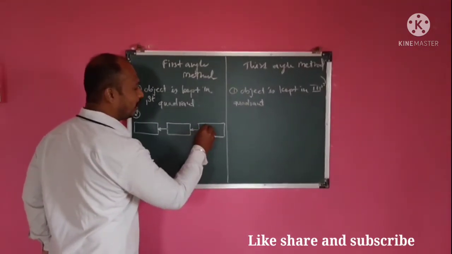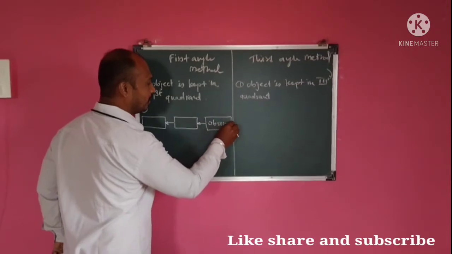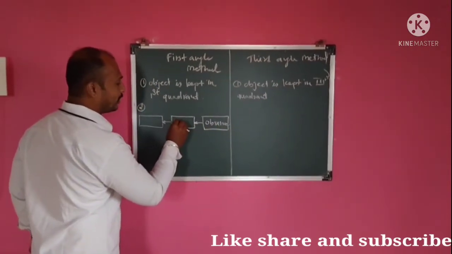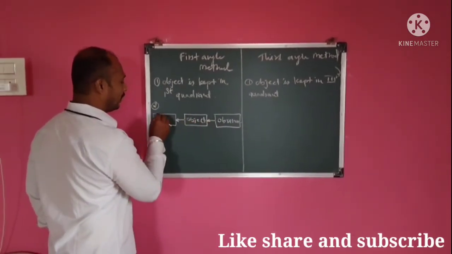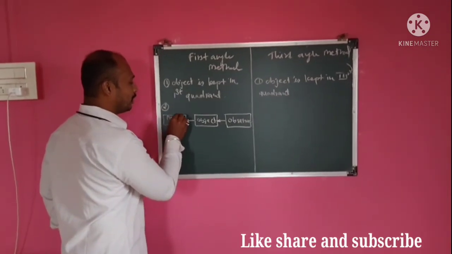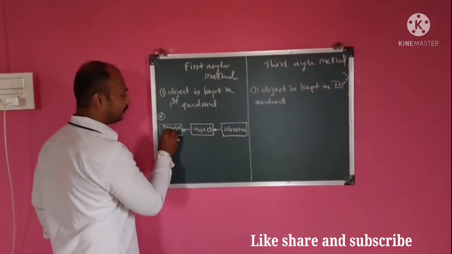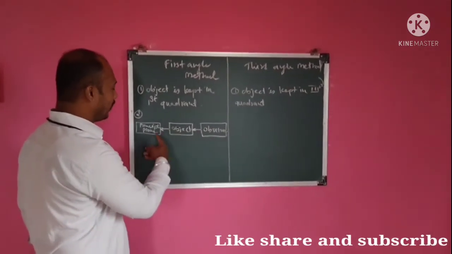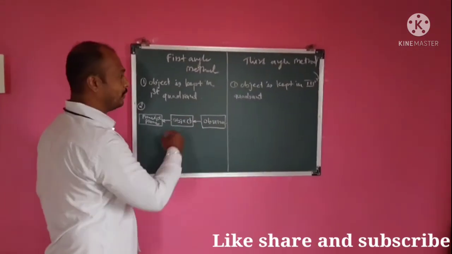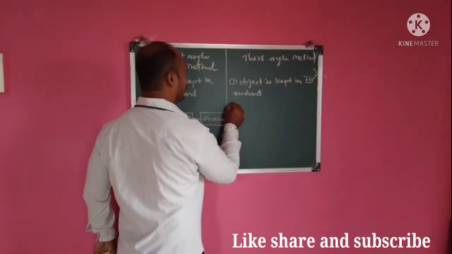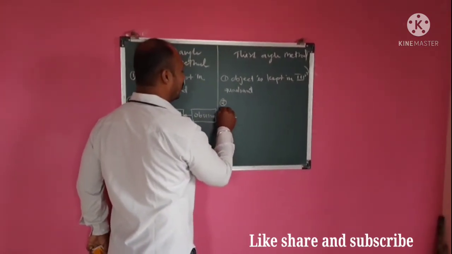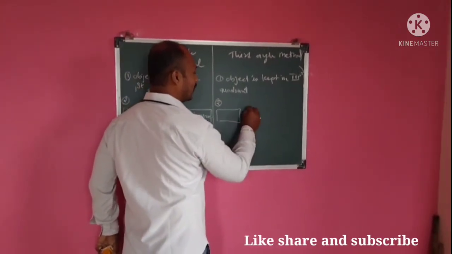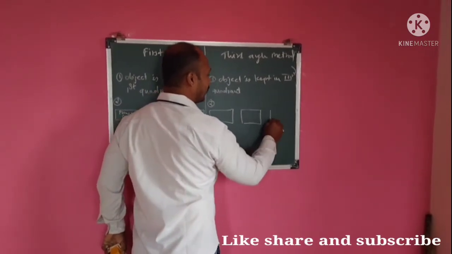Then here it will be the observer, here it is the object, and here it is the principal plane. So the object is kept in between principal plane and observer. And if I want to represent this third angle method in block diagram, in this case it is like this.